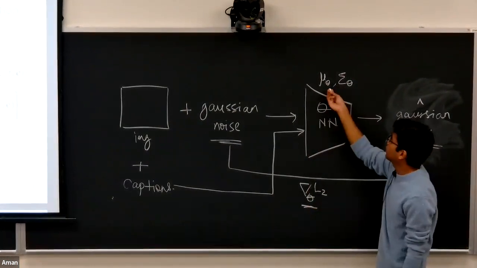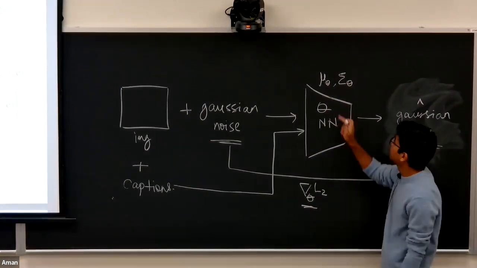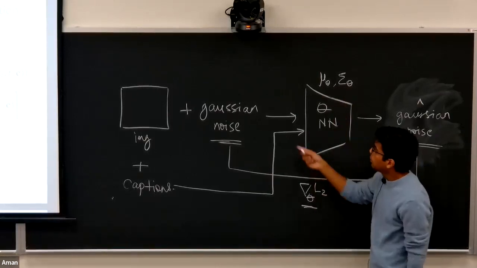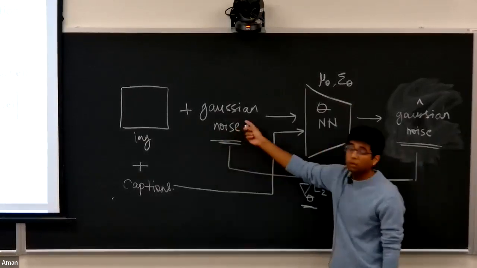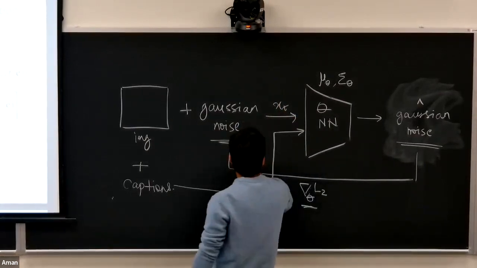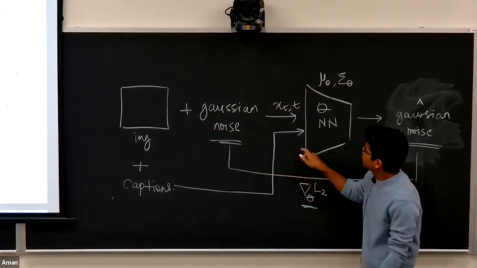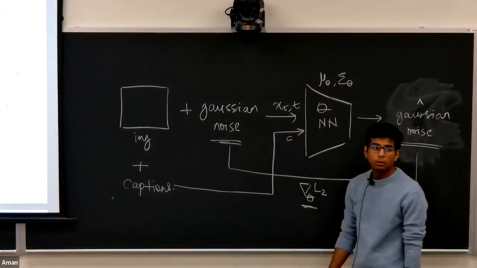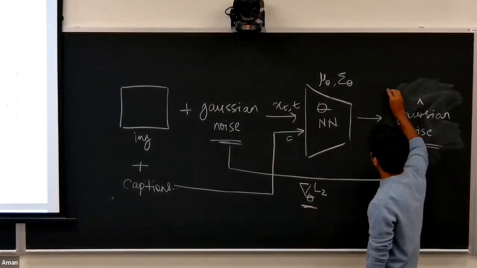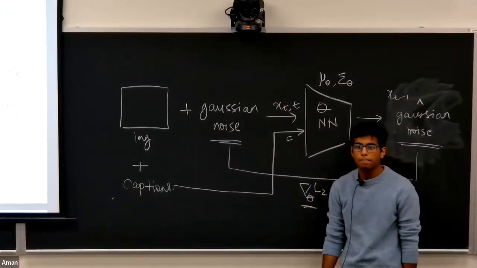The first branch is predicting the mu, and the second branch is predicting the standard deviation. Both are predicted by taking three things into account: the image with the noise in it, which is XT, the amount of noise that was added, which is T, the time step, and also the conditioning signal C, which is the caption. By taking all three of these into account, the model is able to predict X T minus 1. Does that make sense?